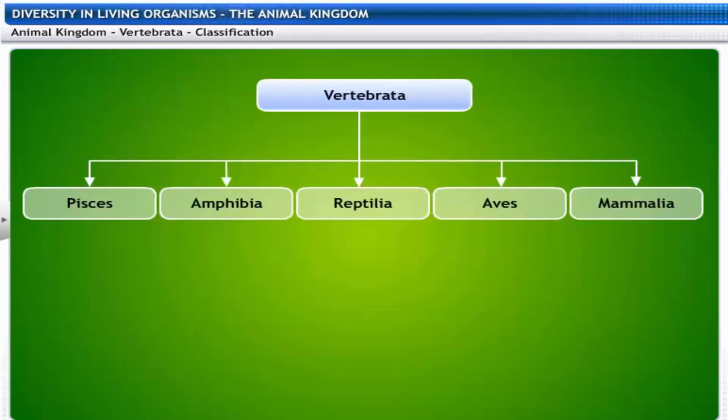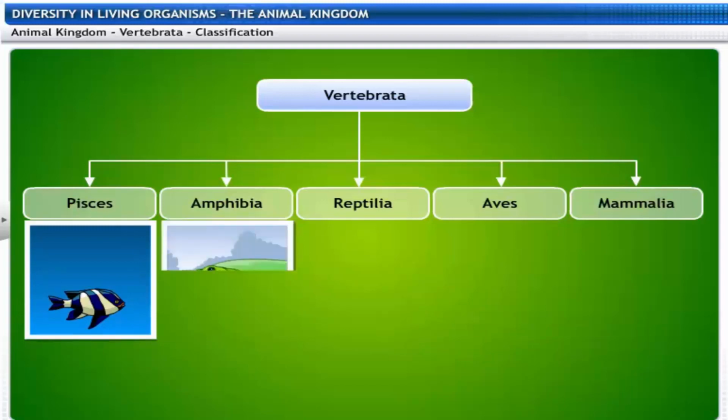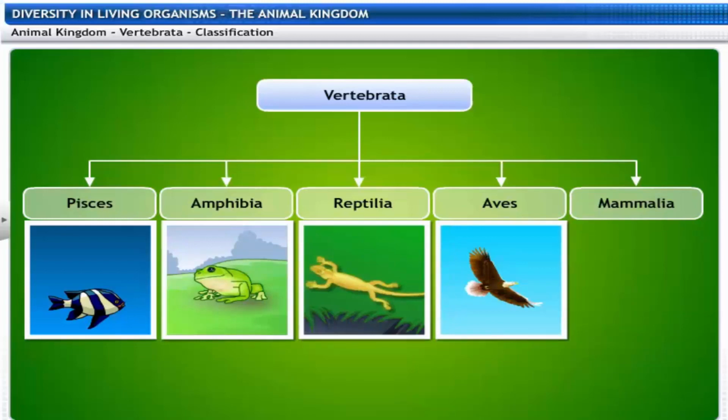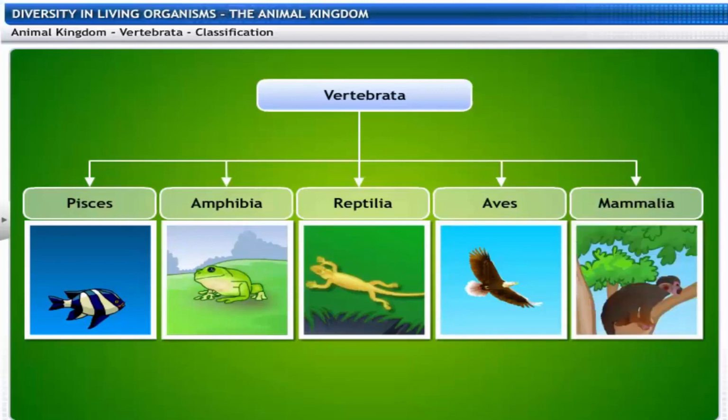Vertebrates are grouped into 5 classes, namely Pisces, Amphibia, Reptilia, Aves, and Mammalia. Let's take a look at each of these classes.